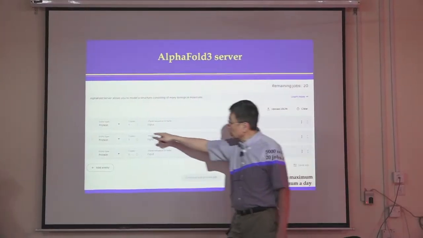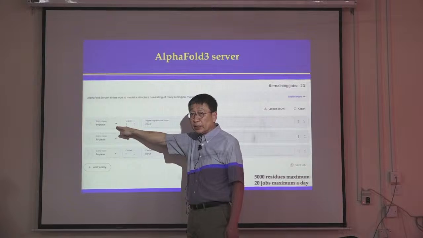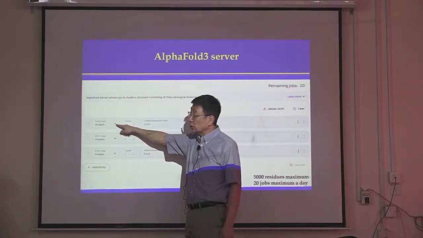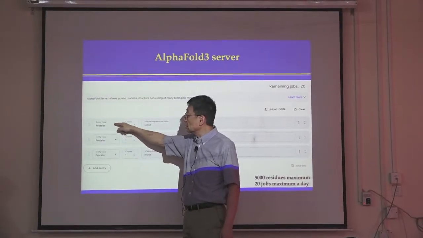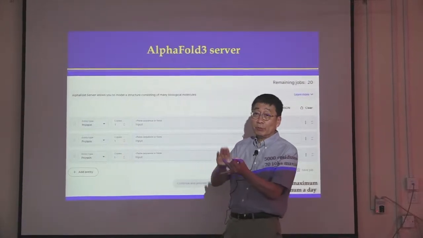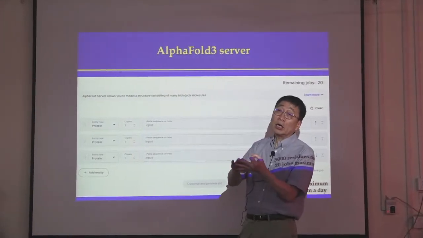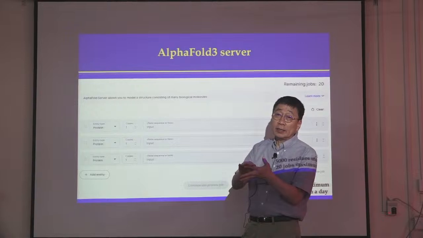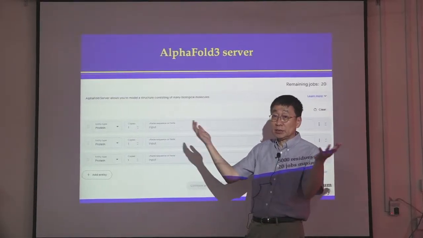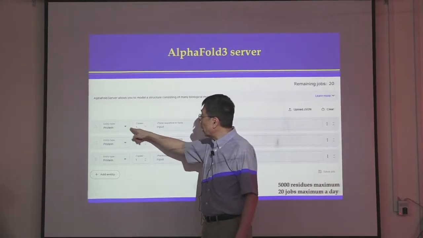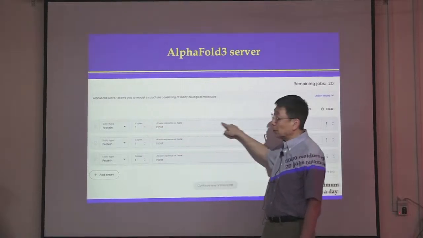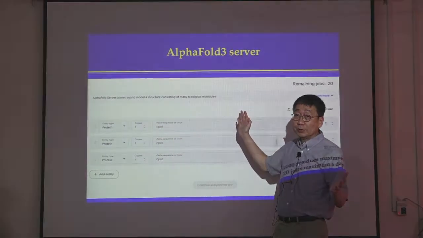You tell it it's a protein or nucleic acids, with this drop-down menu: small molecule, protein, nucleic acid, RNA or DNA, or metal ion. You can do metal ion as well, magnesium, zinc. Then there's how many copies you have, and here you put in the sequence. That's all you do.